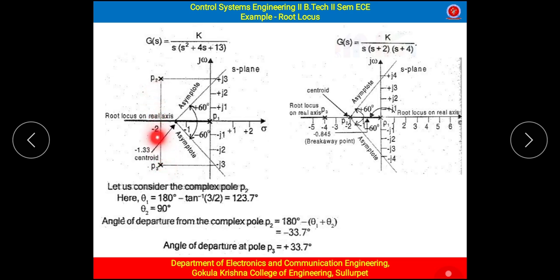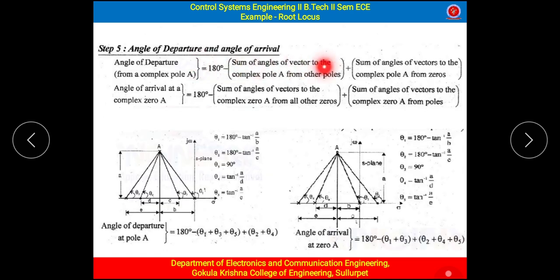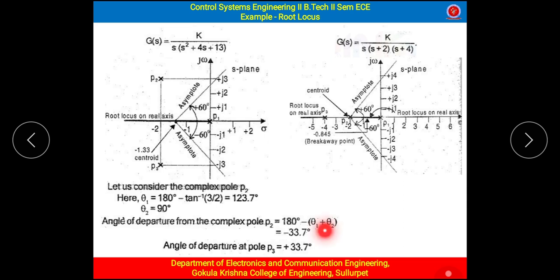This is the vector associated, and the angle is exactly 90. Now you substitute in this formula. We don't have any zeros, so we have to subtract the sum of those two angles from 180. So we will be getting minus 33.7 degrees as the angle of departure at pole 2.